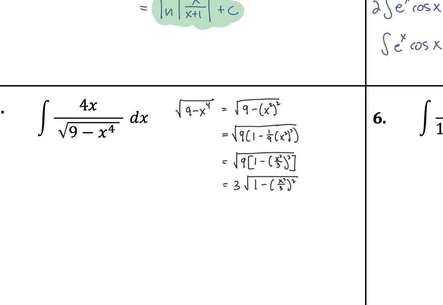Okay, and so now basically we're just rewriting this, like that. And then we can do u sub, make u equal x squared over square root 3.